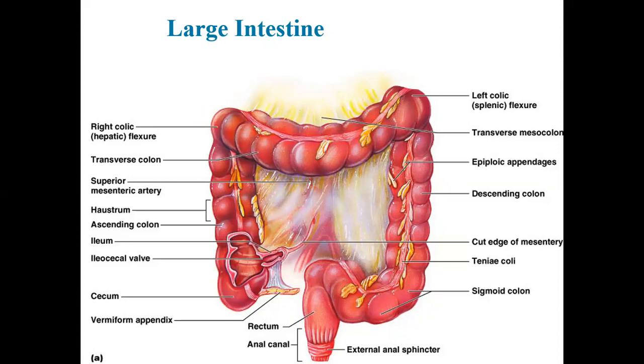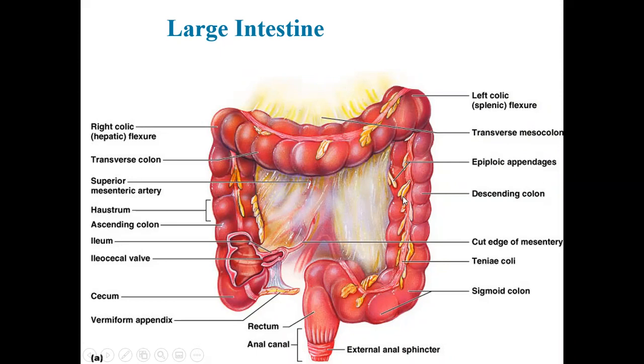We have circular and we have longitudinal, and these are the remnants of the longitudinal muscle fibers. The tone of this taenia coli is going to create pouches. And these pouches are called haustra. So a singular is haustrum, several of them are haustra.